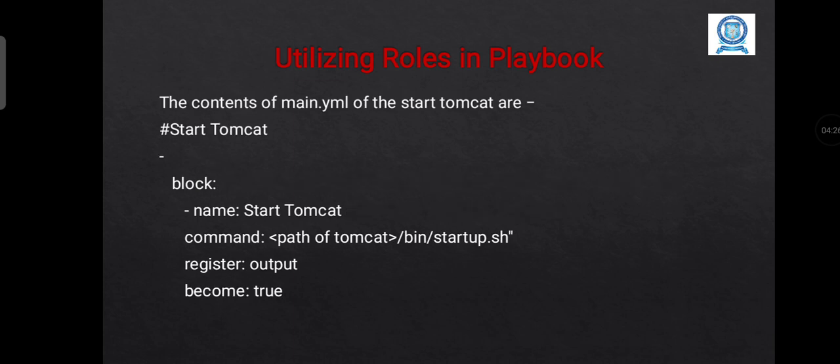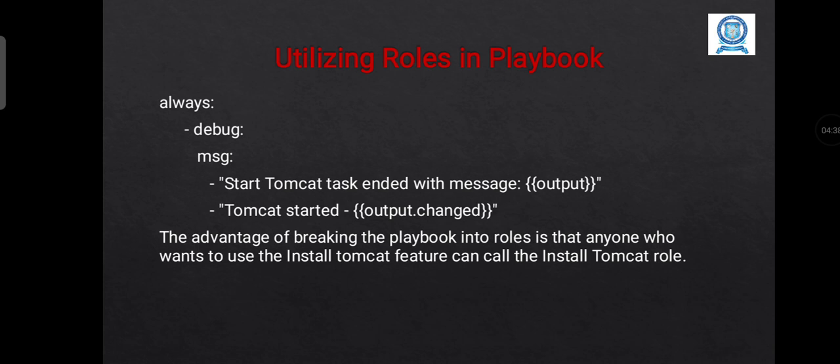The contents of main.yml of start tomcat are: we can give the name and the appropriate command, register value, become value under the block. Also we can give the debug message options under the always block.